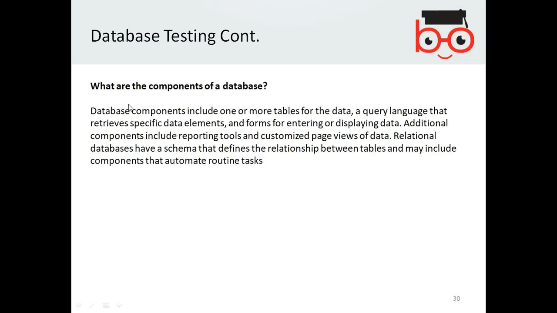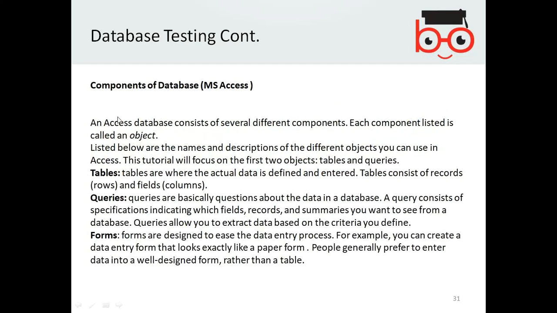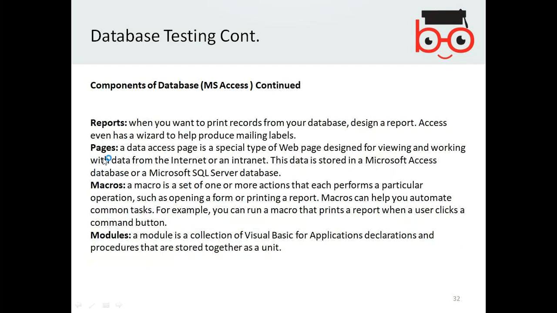Now, the components of a database are normally tables, query languages, and these things that make up a database: tables, queries, forms, reports, pages, macros, modules. Let's say for MS Access, you need to create a module or a macro.